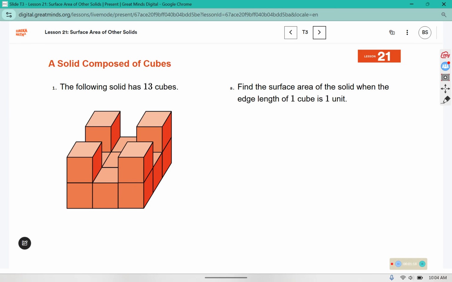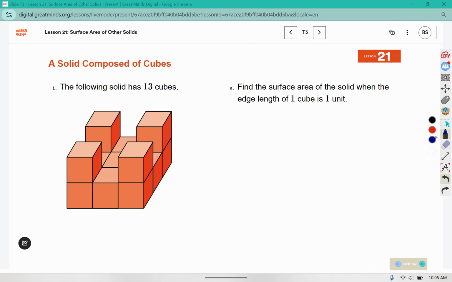The following solid has 13 cubes. Find the surface area of the solid when the edge length of one cube is 1 unit. Well, if the length of one cube is 1 unit, then the area of each of these squares would be 1 times 1, which is 1 unit squared.